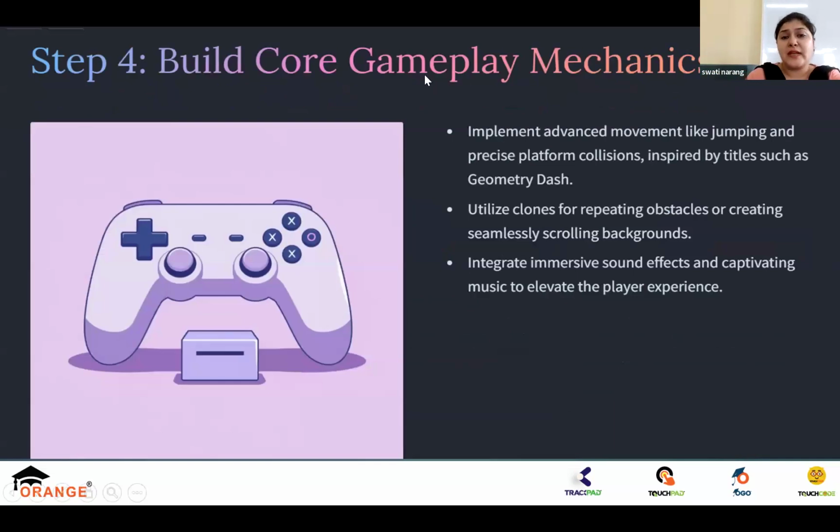Then the next one is build your core gameplay mechanics. In this, we are going to see what all movements this sprite is going to do, and where all geometries we are going to use. There's a tutorial called Geometry Dash in which we can learn how to create the backgrounds also.